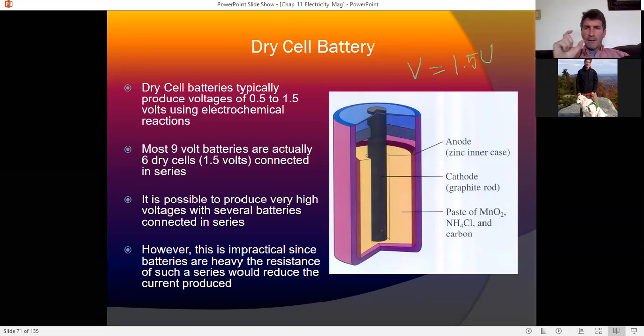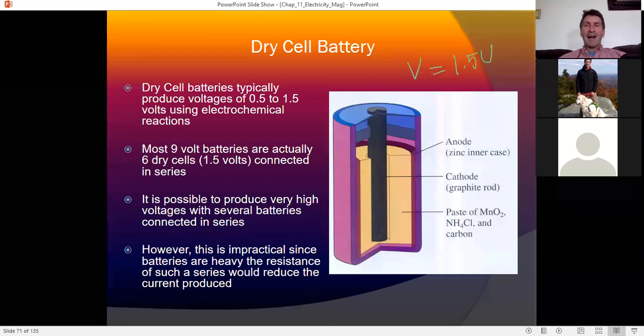Now, if I put my fingers on the end of a battery, do I have any risk of being shocked? Is that battery going to kill me if I put my fingers across it? Anybody? Come on, I'm asking you, is this battery safe to handle? Yeah. Okay, why is it safe to handle?